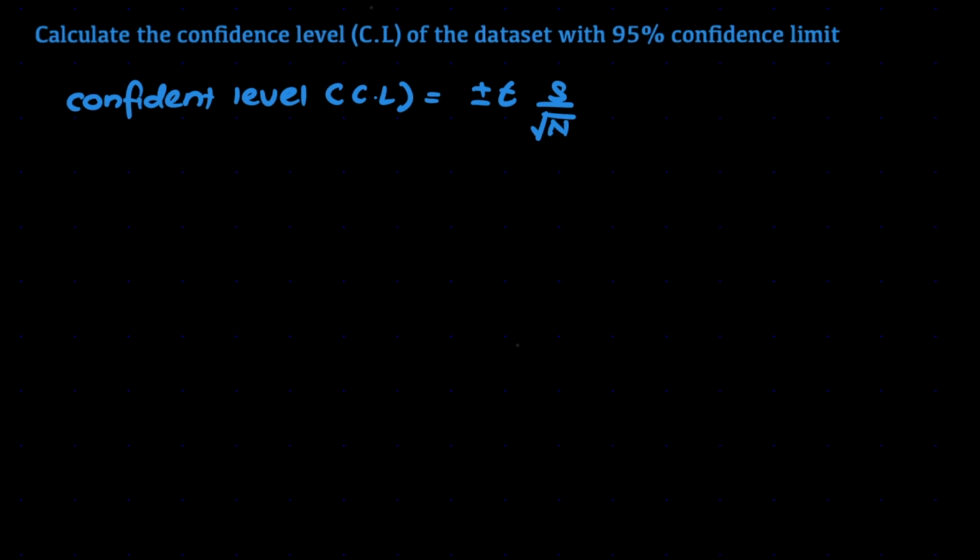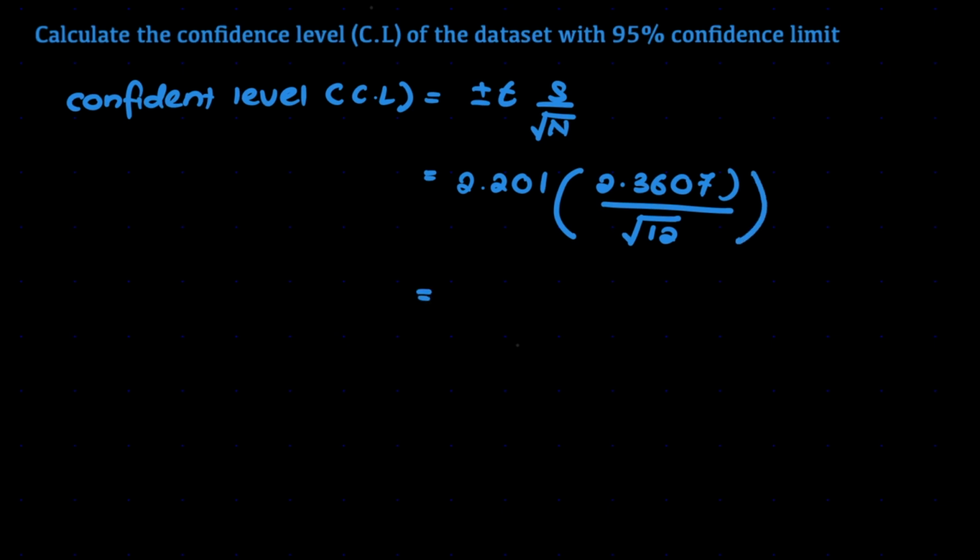Alright, so next up you were asked to calculate the confidence level of the data set with 95% confidence limit. The formula for the confidence level is equivalent to plus or minus t times the standard deviation divided by the square root of n. The t is the one that we calculated just now, referring to the table, which is 2.201, and the standard deviation that we have calculated is 2.3607 divided by the square root of n. n is the number of samples, which is 12.